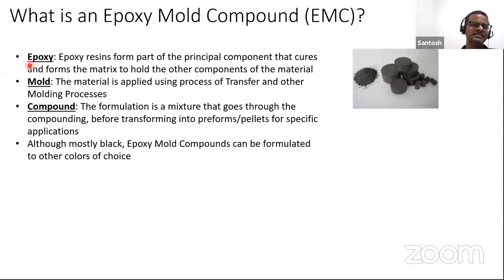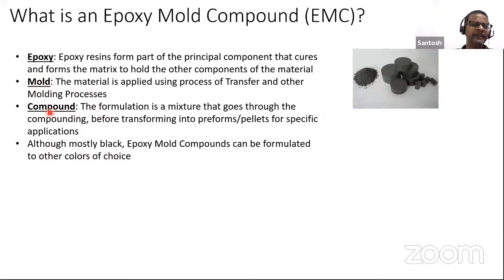Epoxy resins are a set of synthetic resins which form the principal component in these materials, forming the matrix to hold the components of the epoxy mold compound. And the term mold comes from the fact that this is applied in the final process using a process called transfer molding. So during transfer molding, this material is finally transferred onto the IC packages. That's where the name mold is coming from.